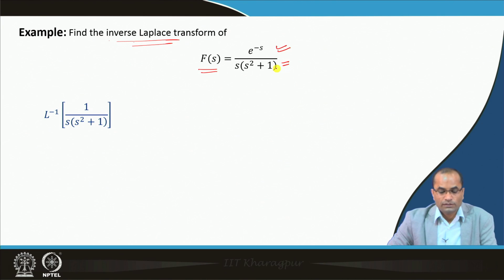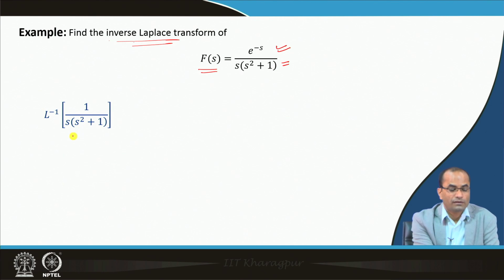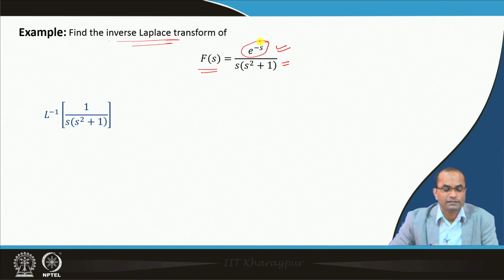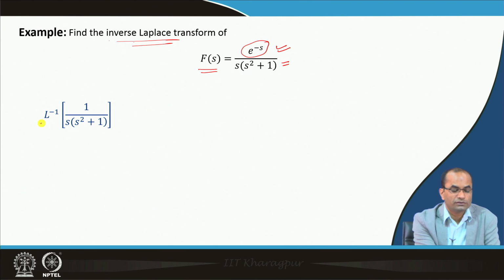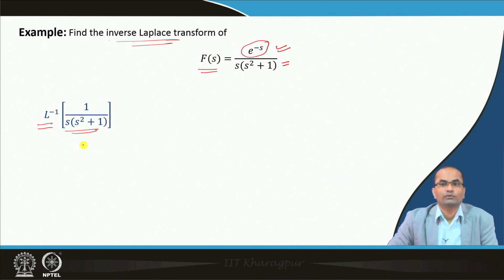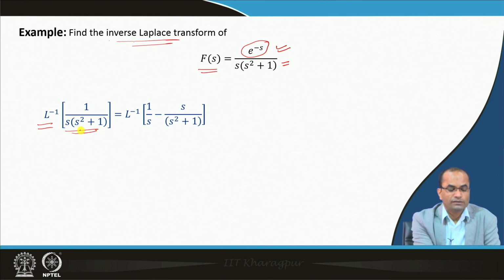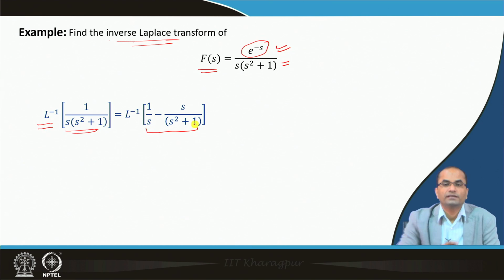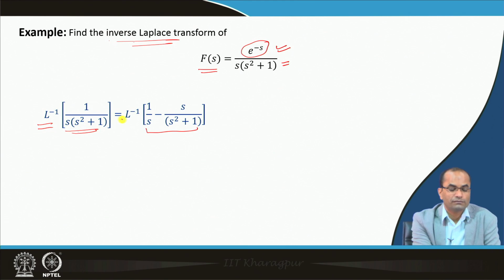Just to recall, this e^(-s) can be handled with this second shifting property. So, we need to get the Laplace inverse of 1 over s(s square plus 1), where we can do the partial fractions. We have already discussed yesterday that this is one of the techniques to find the inverse Laplace transform.